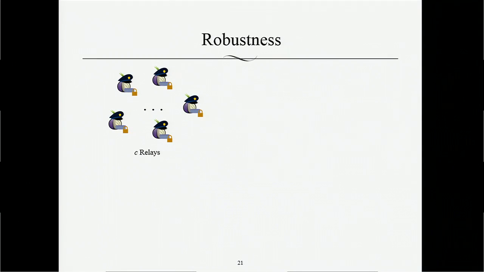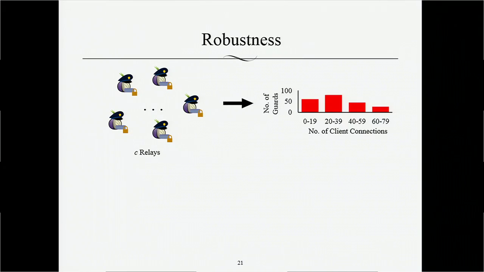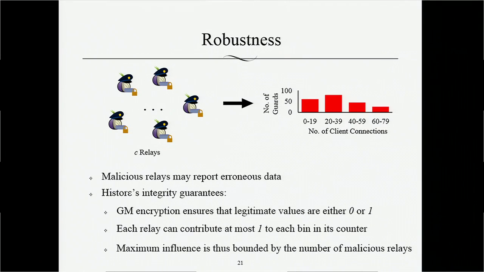So, robustness. Let's say there are C relays, and this is the output they have got via HisTorE, the number of guards versus the number of client connections. As we have already seen, relay operators can be malicious, that is, they can report erroneous data. So let's say there are F malicious relays.